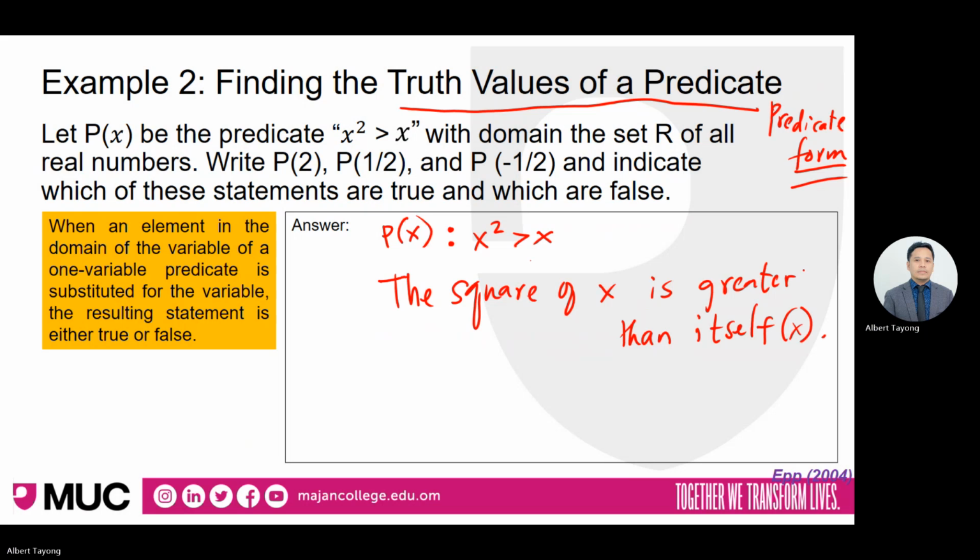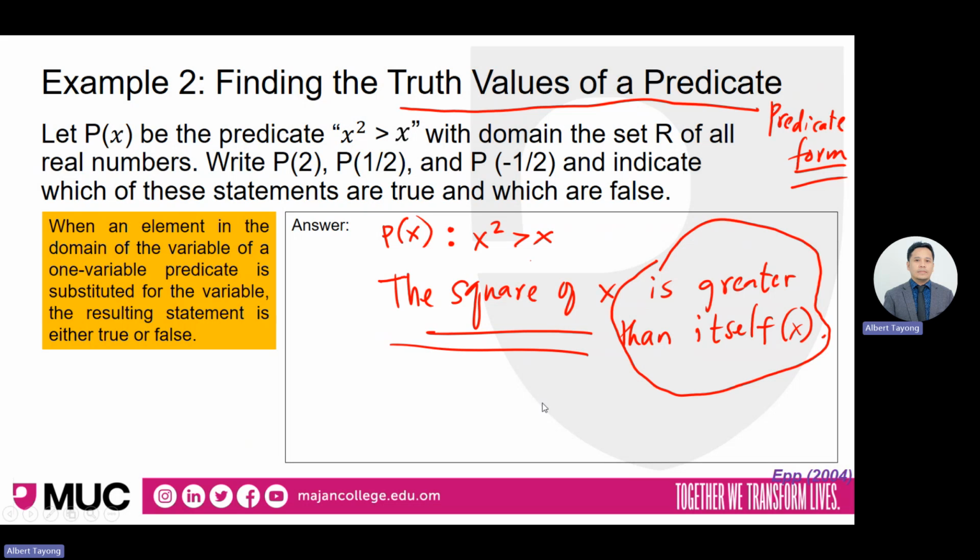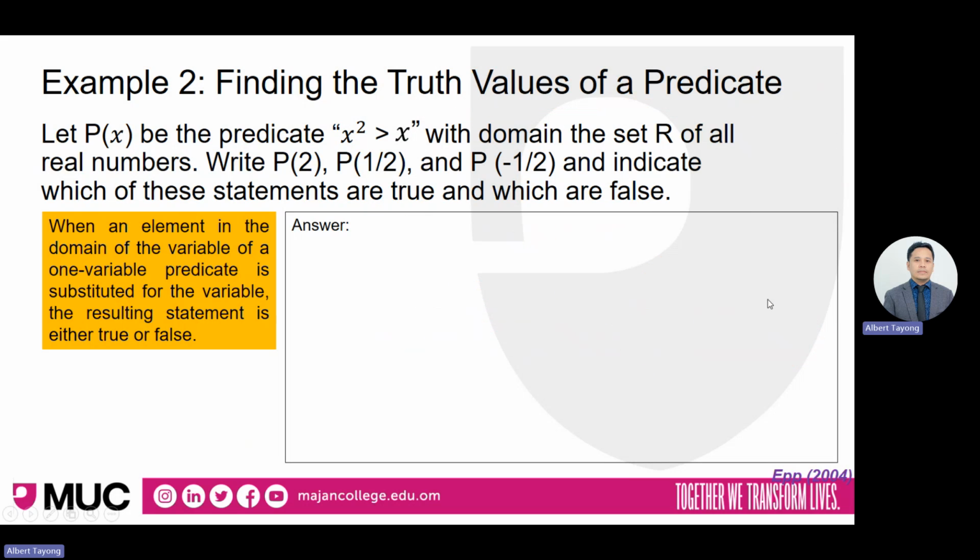So that is our predicate form. Here, the phrase is greater than itself is actually our predicate, and this is our subject, the square of x. Well, we are not translating it. Our purpose here is to identify whether we have true or false using the given values.